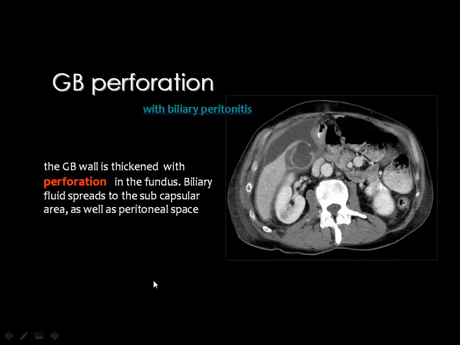Then CT is a good technique for detection of perforations of the gallbladder, and this is a good case where you see the thickness of the wall of the gallbladder, and you see the defect in the wall representing the site of perforation and leakage of bile in the peritoneum in spaces around the gallbladder.